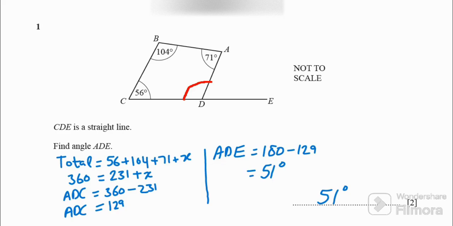Once we have calculated this angle, we have to calculate ADE. So we subtract this angle, 129, from 180, which will be 51 degrees. So the angle ADE is 51 degrees.